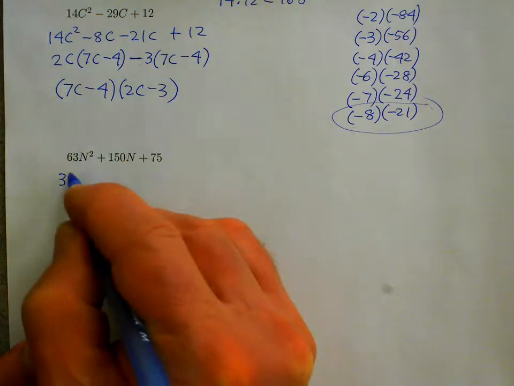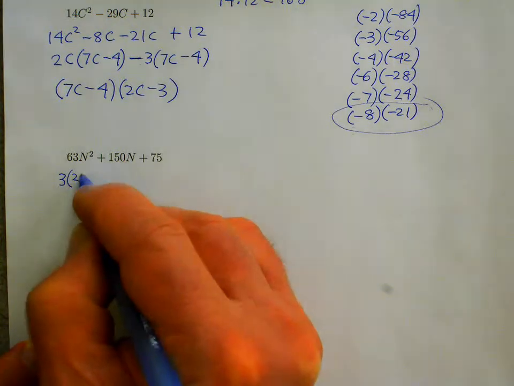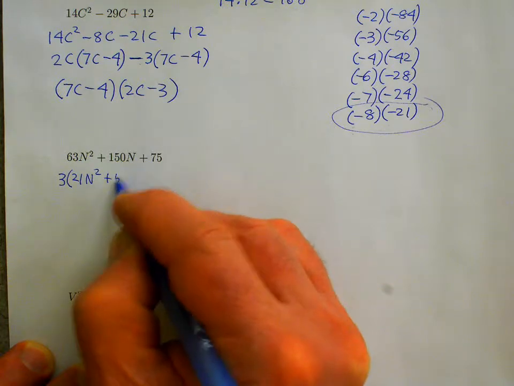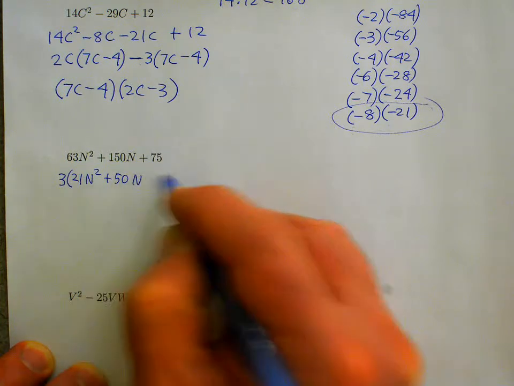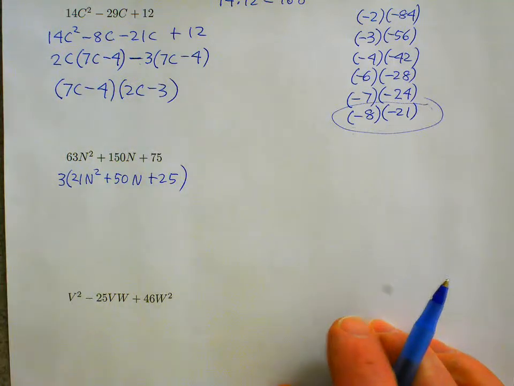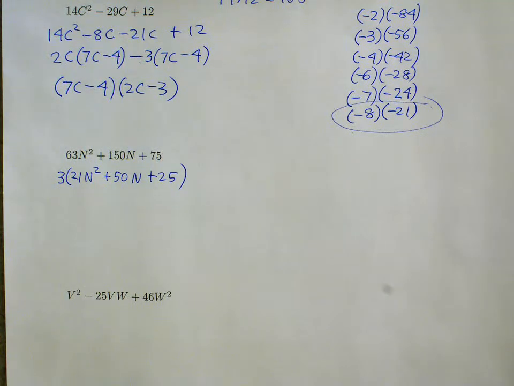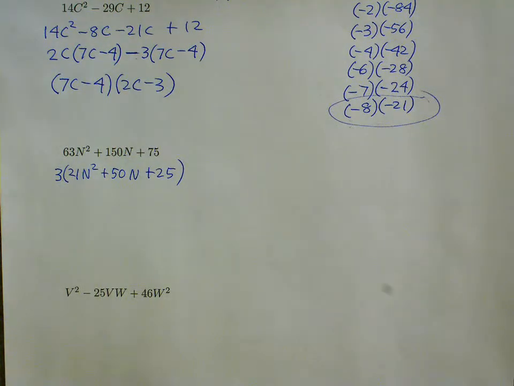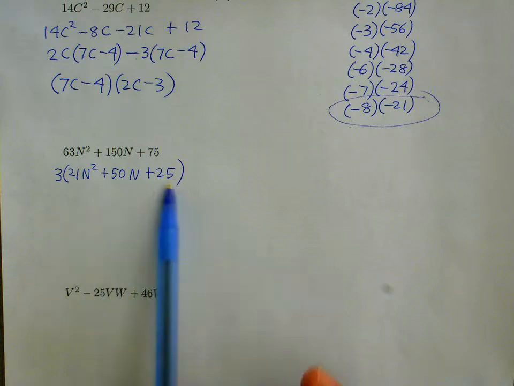So we get 3 times 21n to the second plus 50n plus 25. And then we try to factor the trinomial that's inside the parentheses.